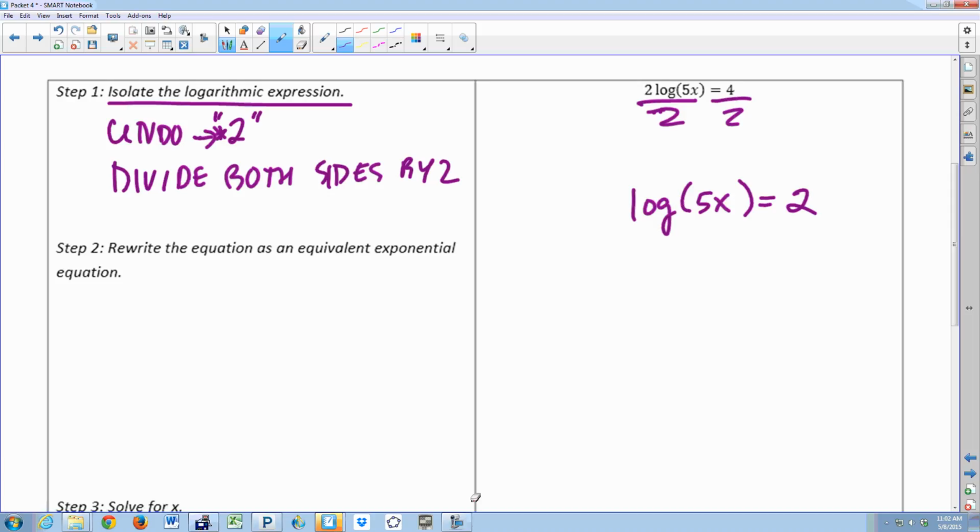10. That's called the common log. So even though it's not there, there's the 10. The 10 is hiding right in there. Okay? So if I want to make this into an exponential equation, I need a base to a power equals some answer.